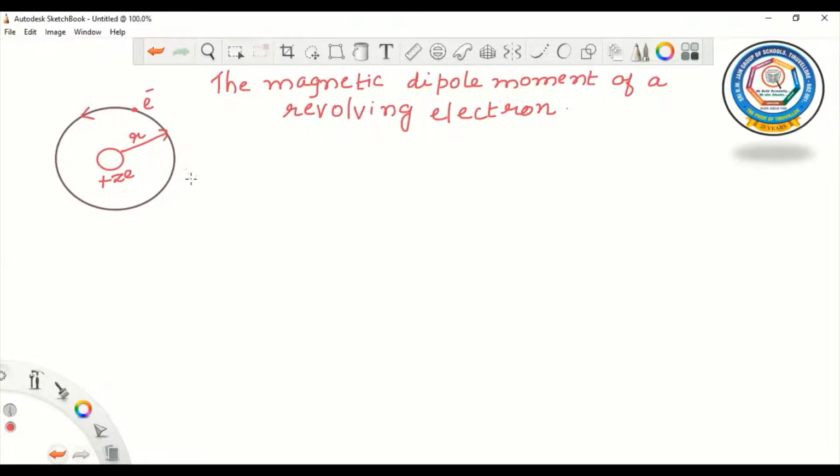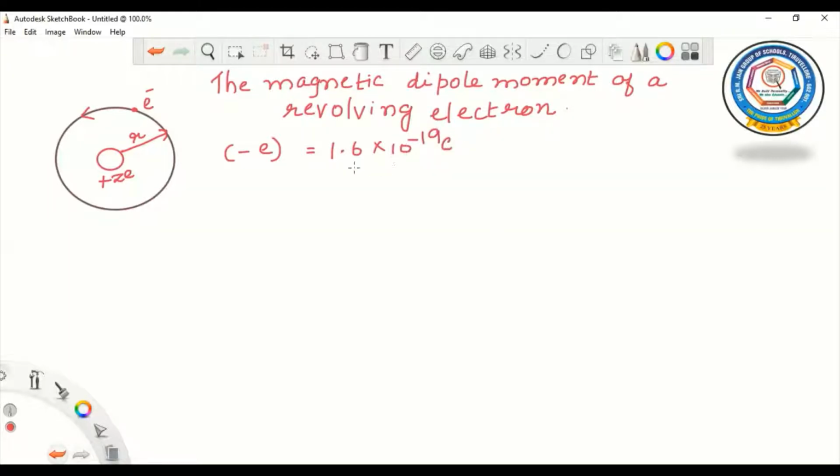Now we know the charge of the electron. Since it is negatively charged, what is the charge of the electron, children? Its magnitude is 1.6 into 10 power minus 19 coulomb.